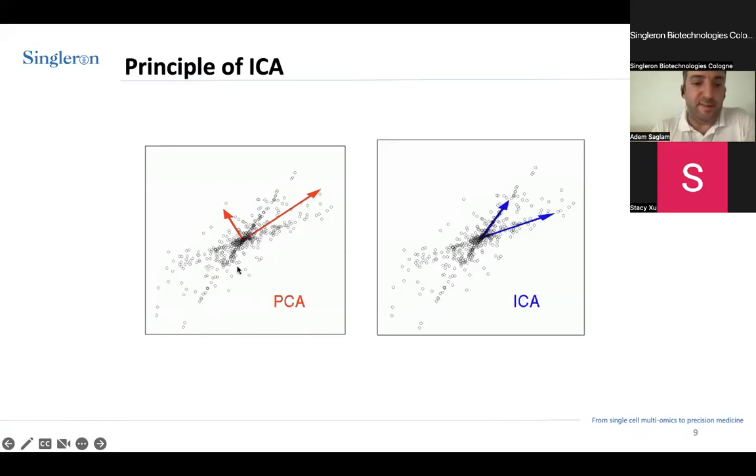But if you use PCA, PCA will basically find the directions of highest variance or highest variability. The first component indicates the direction of the highest variance, and the second component will point to the direction of the second highest variance.